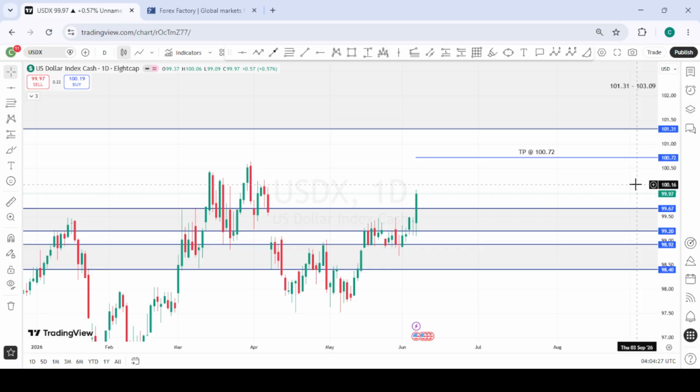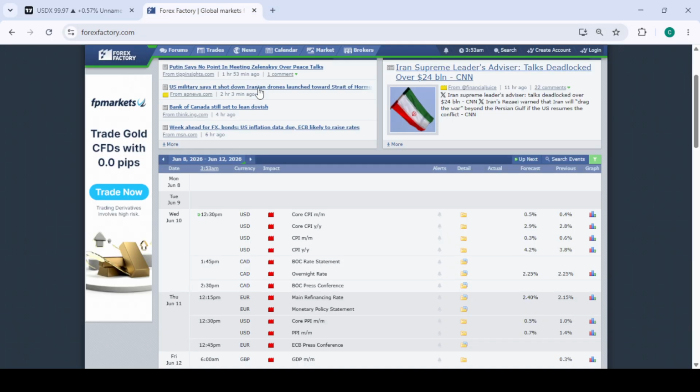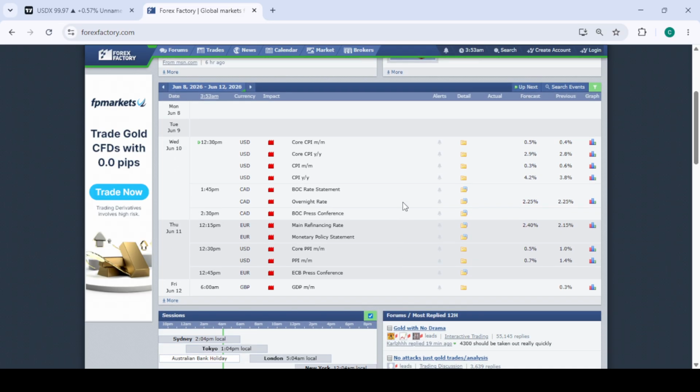So let's jump into the economic calendar for the coming week. On Monday and Tuesday, we don't have any high impact news. On Wednesday, we have the CPI for USD and also the Bank of Canada's overnight rates.